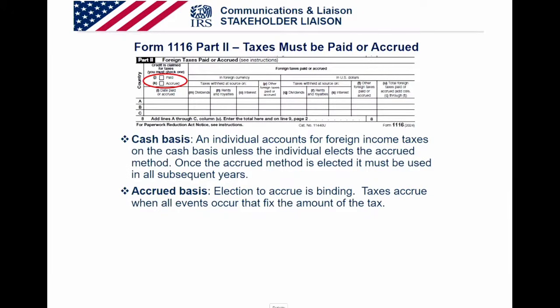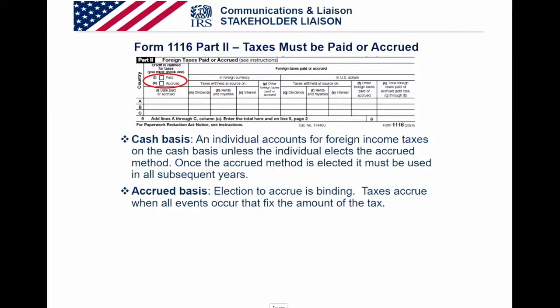Now, typically, individual taxpayers on the cash method of accounting will elect to take the FTC for the taxes they paid during the year, and that's by selecting the paid method. But a cash basis taxpayer may instead elect to claim the FTC on the accrued basis by checking the accrued box K in Part 2 of the Form 1116.